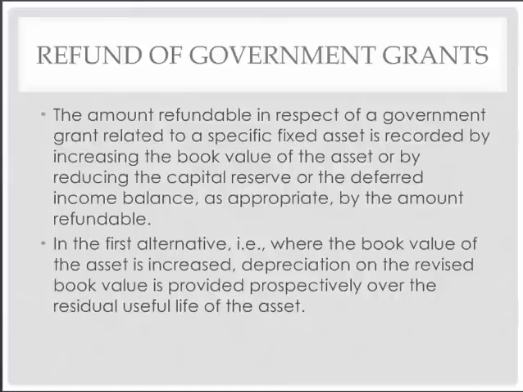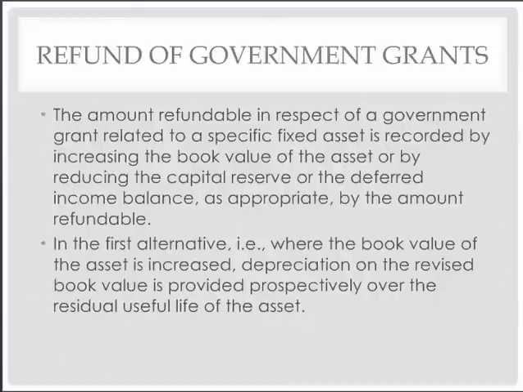Now, if you had not reduced the cost of fixed assets, but you had shown it as deferred income, in that case, you first adjust the deferred income, and if any balance exists, then you charge it immediately to profit and loss account. For example, if you had received 10 lakh rupees as grant, in the first method you had reduced it from the cost of fixed assets.